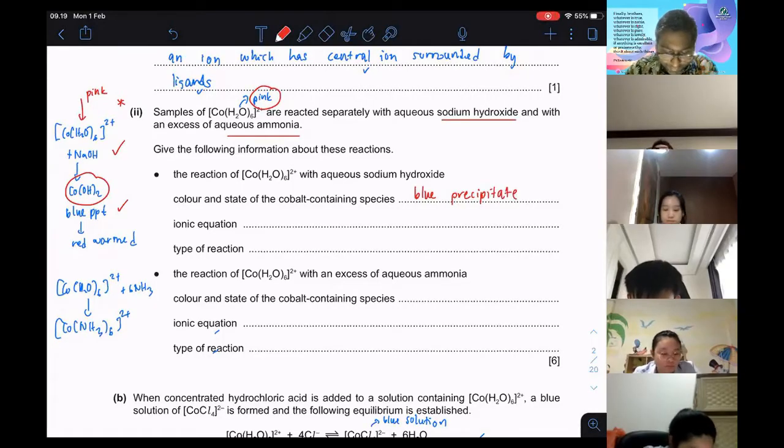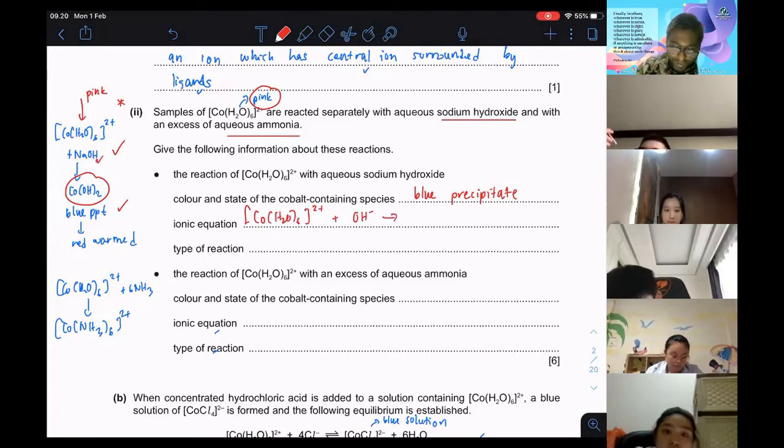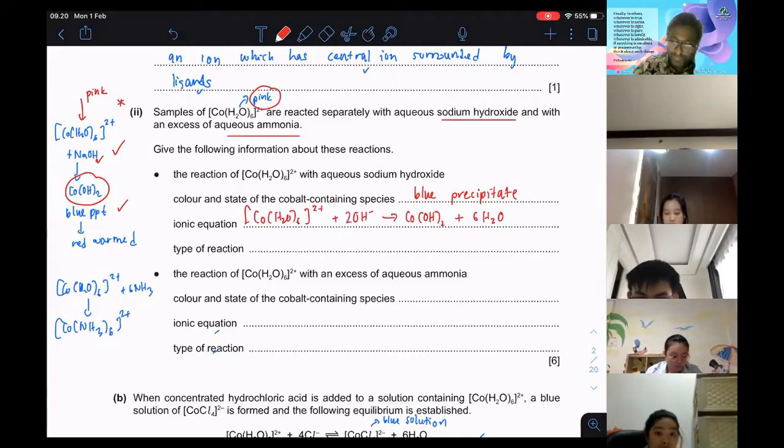In this case, it is a precipitate. For the ionic equation, you just write down [Co(H2O)6]2+ plus OH-, because I don't want sodium hydroxide, we want ionic, to give you cobalt hydroxide solid, plus the remaining H2O, 6 H2O. Just check, OH you need 2, so you need to put 2 there. This is your ionic equation.